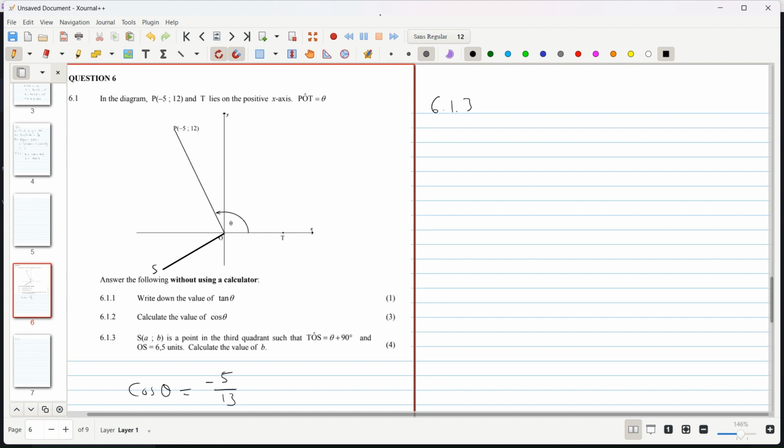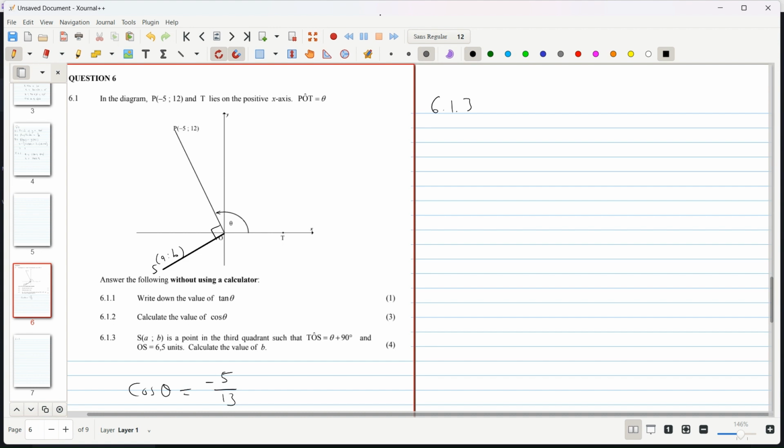This is S. We are told the coordinates of S: we have A and B. We are also told that this has to form 90 degrees, such that when you add the angle TOS, it will be theta plus 90. So that's the total angle here.